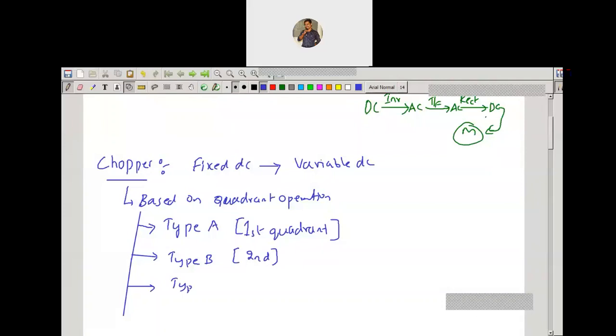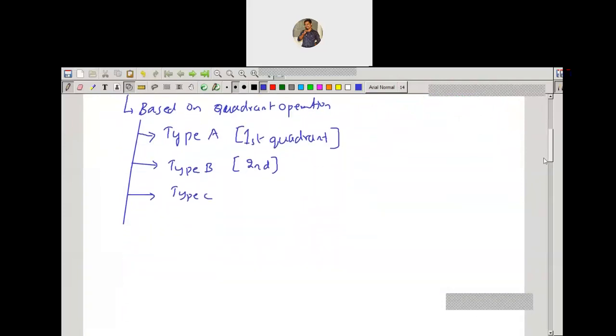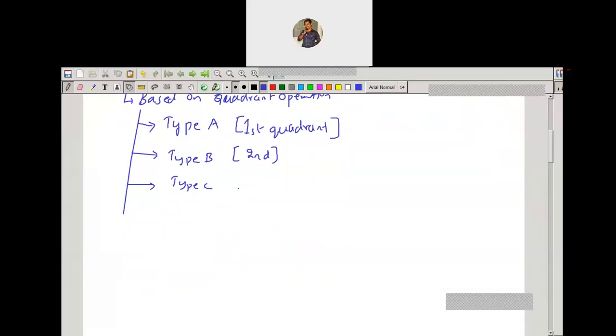You can make it class A, class B, class C, so there is no need to worry about that. Type C chopper, we call it a two quadrant type A chopper.